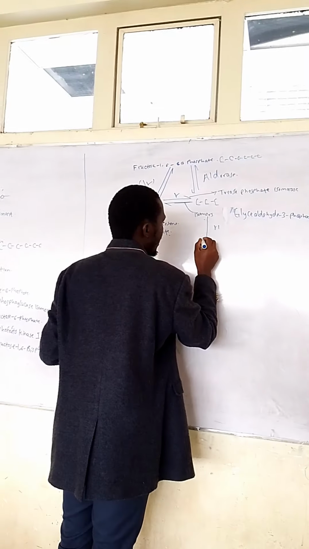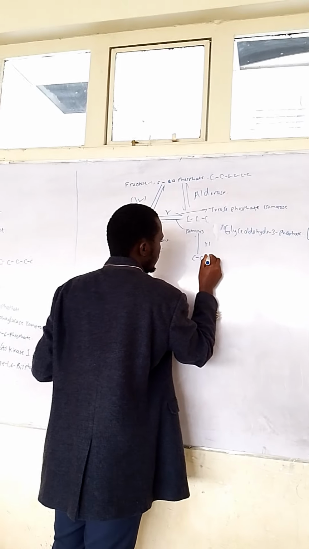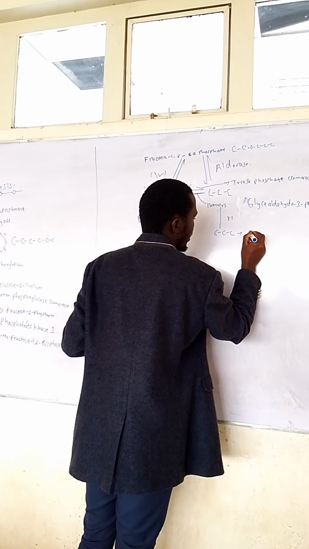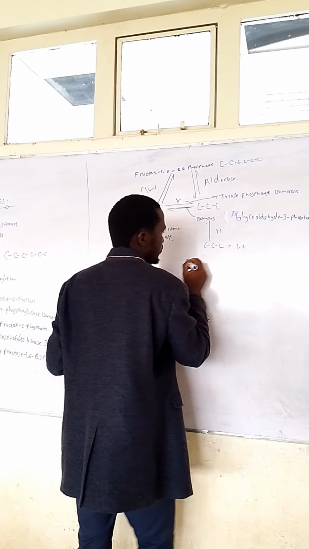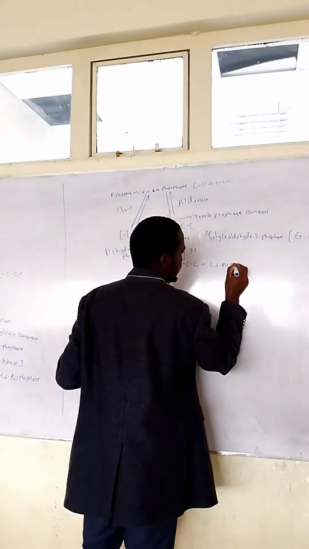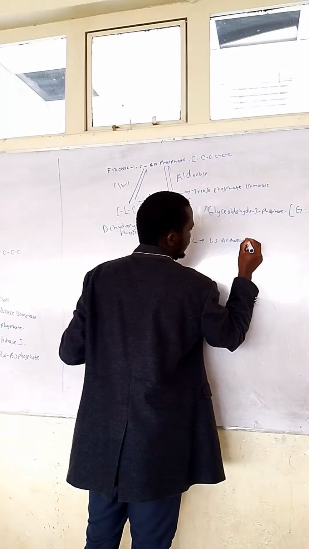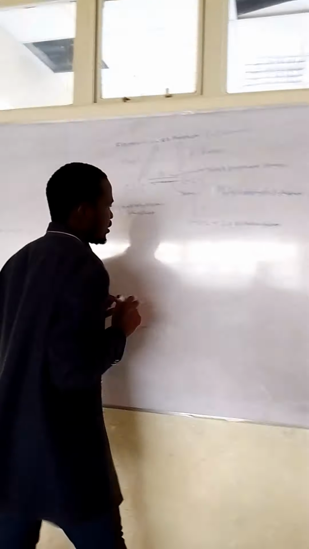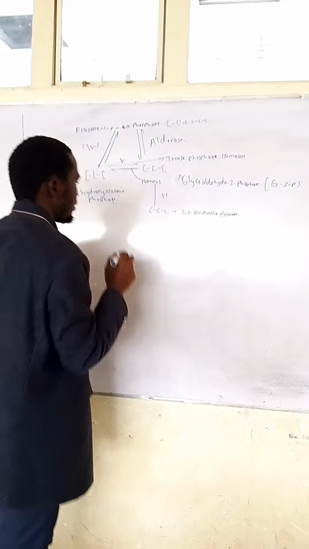In the sixth process, a phosphate is added to give 1,3-bisphosphoglycerate.